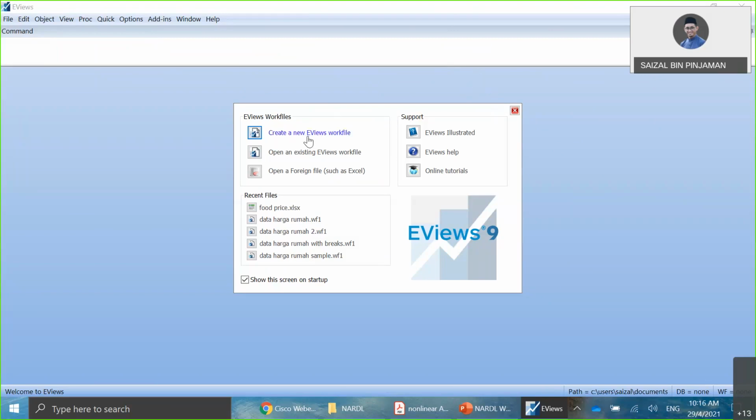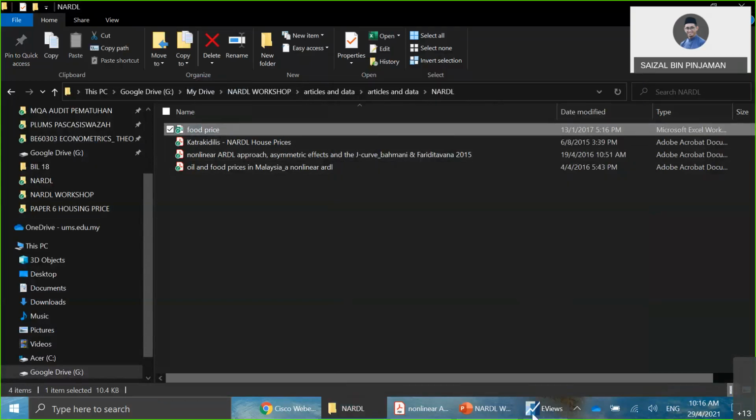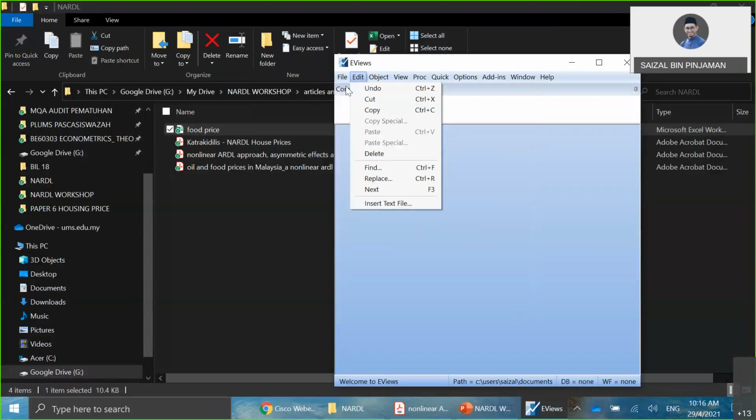One is to create a new work file, one is to open an existing work file, or we can also open a foreign file. In this case, we are going to open a foreign file, which is in the form of Excel. So in order to import it, you can simply drag it, or you can click and then import.